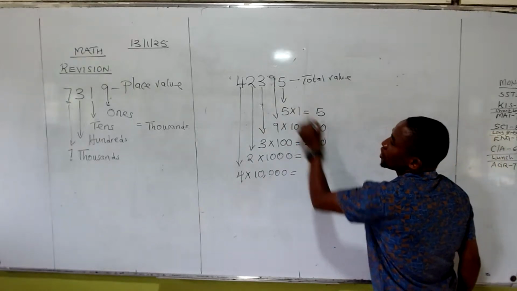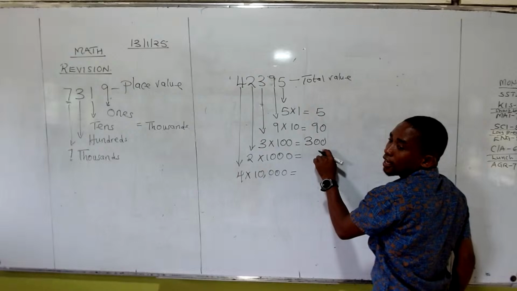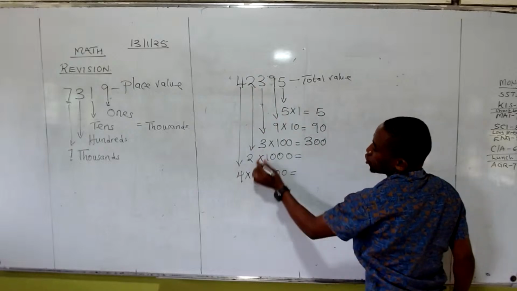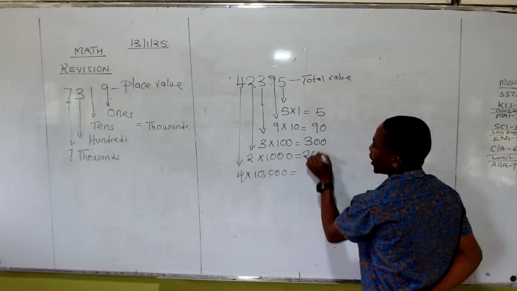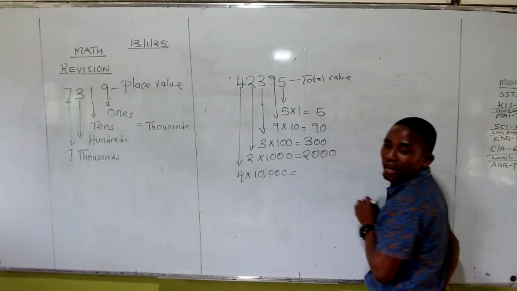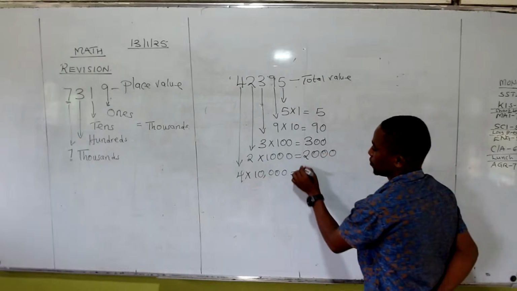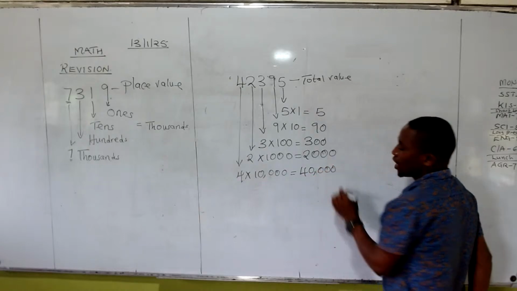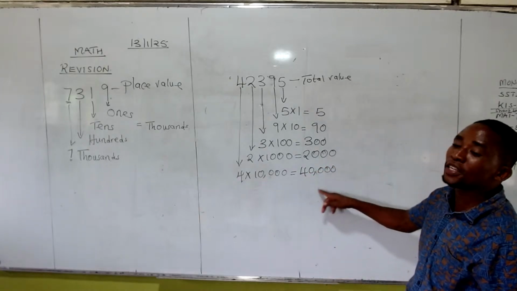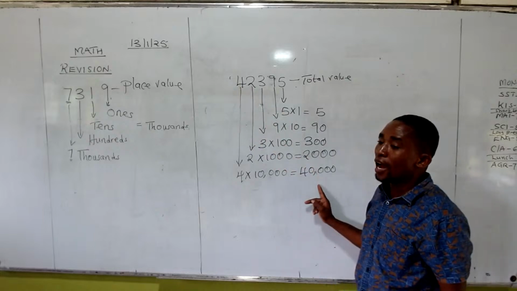So the total value of digit 3 in the number is 300. When you go to 2, it is 2 times 1,000, which is 2,000. The last one, class? 40,000. So 40,000 is the total value of digit 4 in this number.